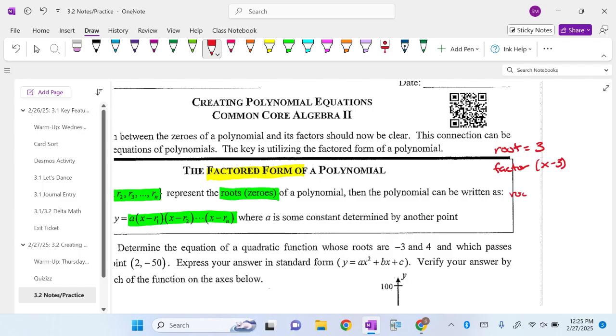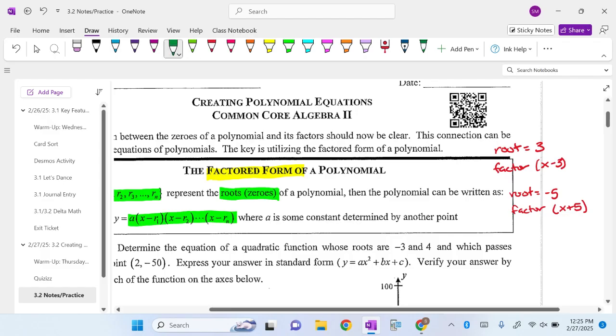What about if your root was equal to negative 5? Someone tell me what the factor is. X plus 5. All right, and that's essentially what you're doing. Another way to convert is, remember, you can figure out a root by setting the factor equal to 0 and solving for X. You can do it backwards.